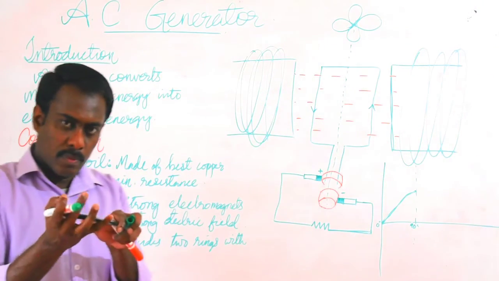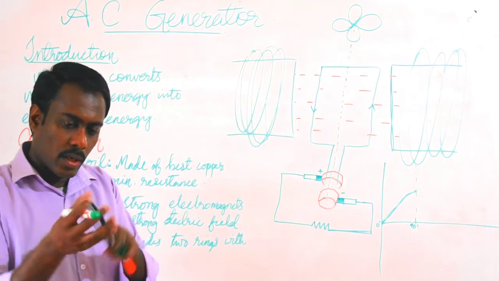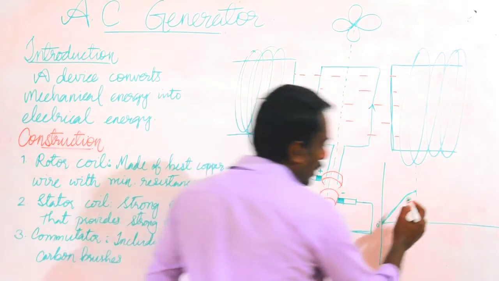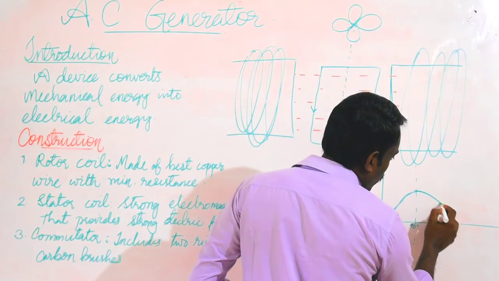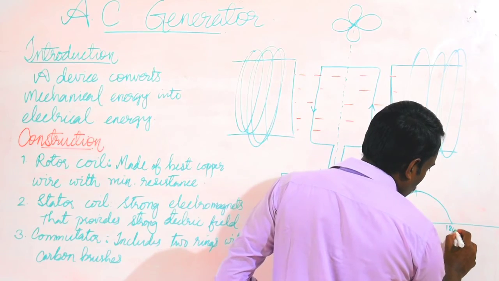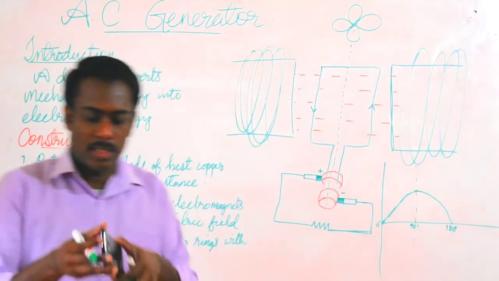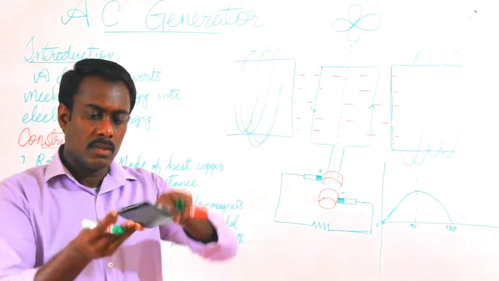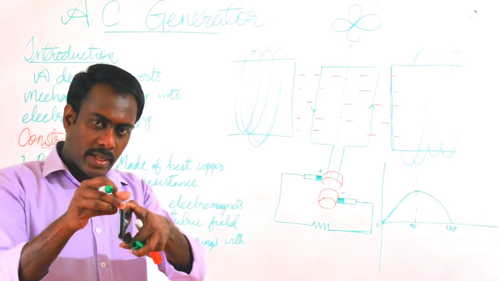As it goes down again, the induced current is reduced, and it goes down to 0 at 180 degrees. That means from here to here, it rotates 180 degrees.